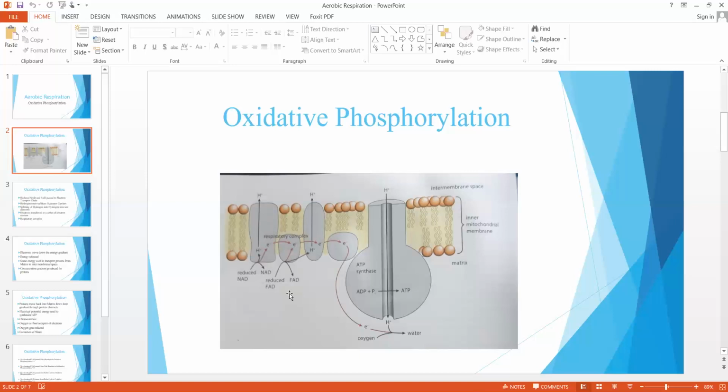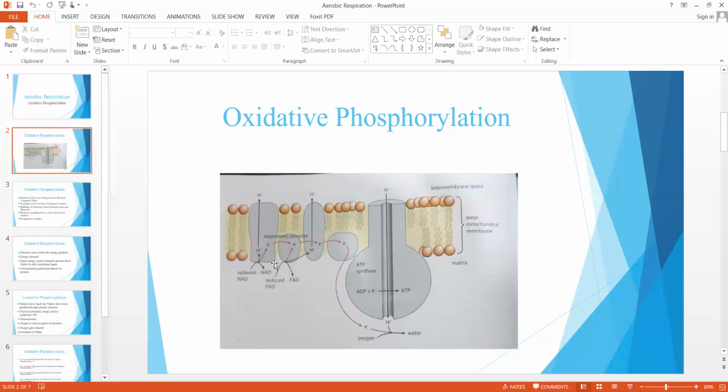But remember this thing: this respiratory complex, which consists of four different types of proteins, is present throughout the inner mitochondrial membrane, and randomly. It's not that only a single respiratory complex is present at this point. Many respiratory complexes are present at random on the inner mitochondrial membrane, right?